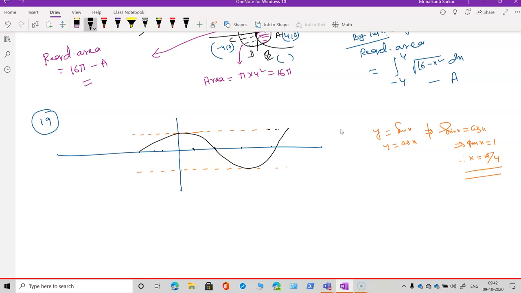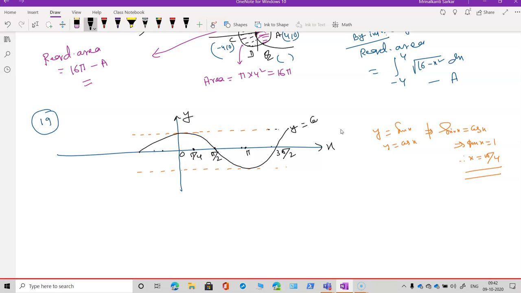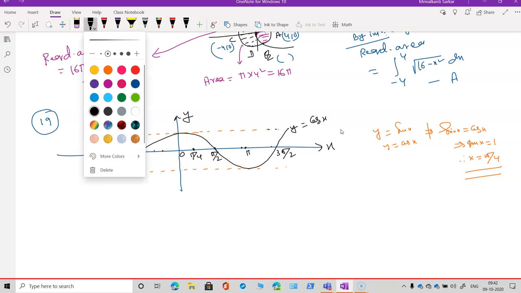I am not doing more, not required. But the region you are going to find, you need to say it properly. This is 0, this is pi by 2. This point is pi, this point is pi by 4. This is 3 pi by 2 for cos x. Cos x is represented by the black one.